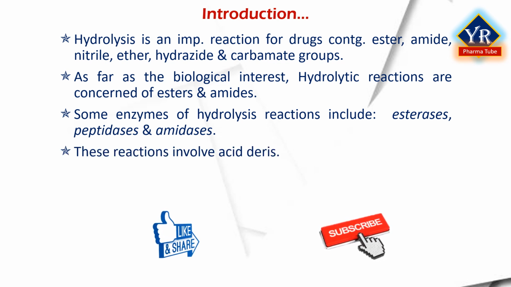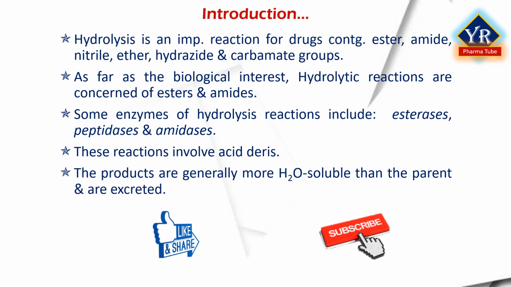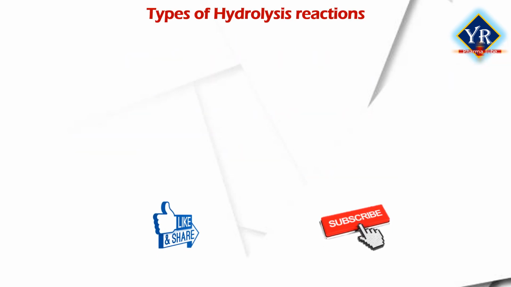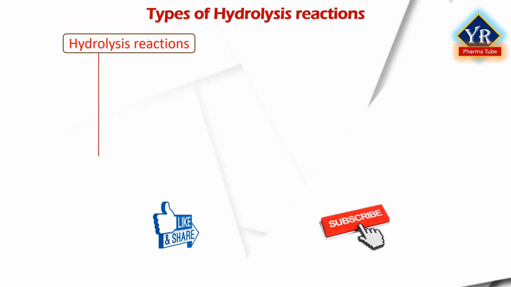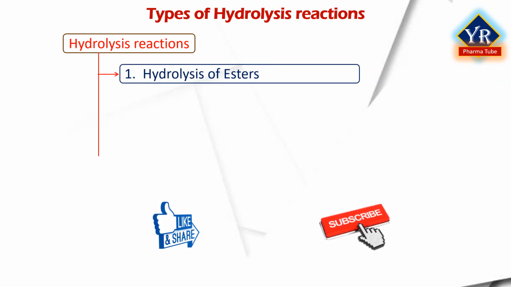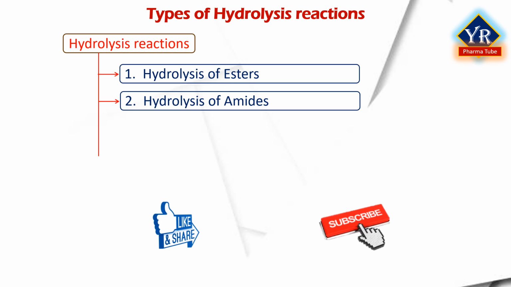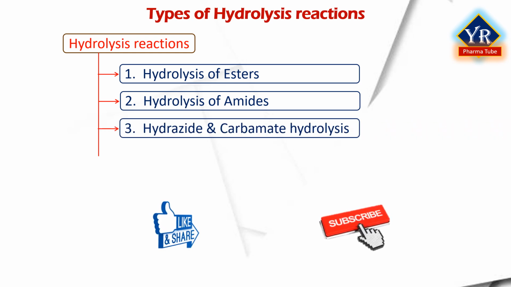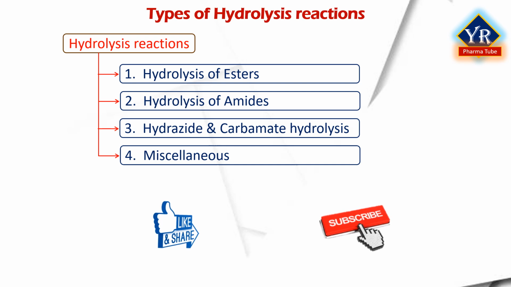The products of these hydrolysis reactions are generally more water soluble than the original compound and are excreted from the human system. The four major types of hydrolysis reactions include number 1, hydrolysis of esters, number 2, hydrolysis of amides, number 3, hydroxide and carbamate hydrolysis, and number 4, miscellaneous hydrolysis reactions.